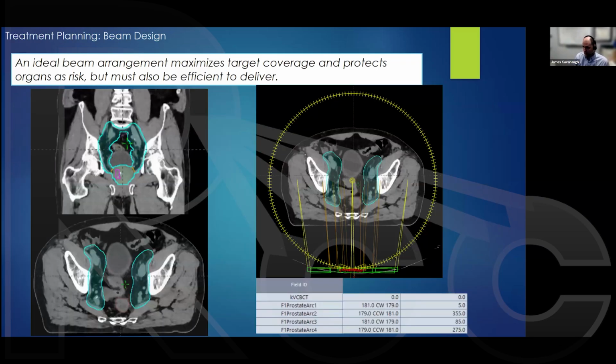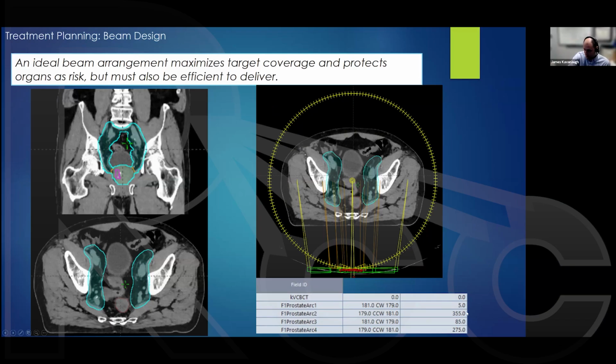So in this particular case, we see a prostate that we're treating. There's a boost inside the prostate itself, and then the blue is the nodal volume. So we're treating up to close to about the L4-L5 junction, so a moderately long target. We use arcs, and for this particular patient, we had 4 individual arcs, and you can see that they are full arcs, so the full circle, with various collimator angles.